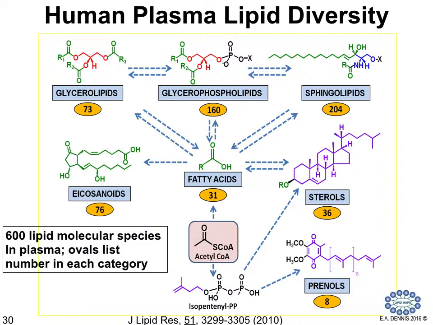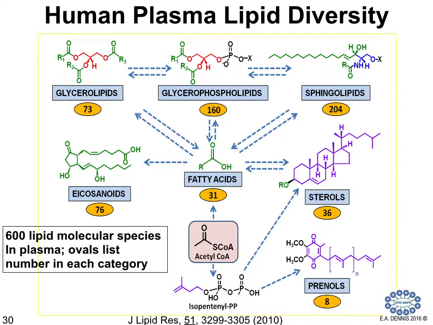Some of the fatty acids are converted to oxidized forms of polyunsaturated fatty acids known as eicosanoids. In addition, fatty acids are esterified to sterol backbones, principally cholesterol.